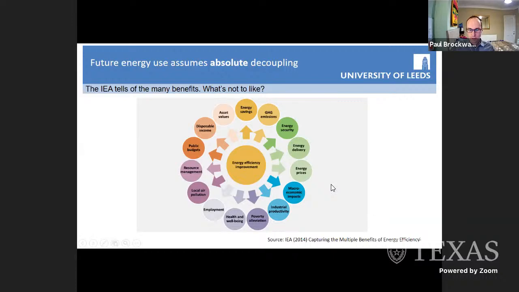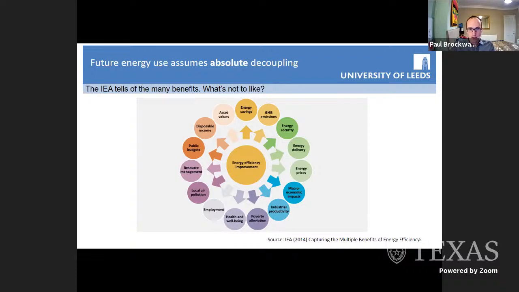If energy use goes down, people have more money in their pocket, they can spend more, they have higher disposable incomes. Air quality improves because you're using less energy, less fossil fuel emissions, so health and well-being improves, poverty is improved, industrial productivity, and so on and so forth.